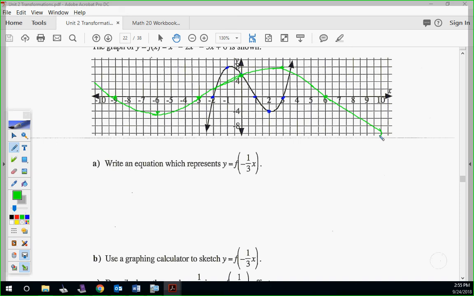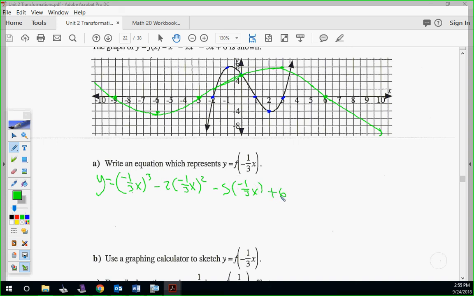Okay. So we write the equation. If we want to write this equation, which we haven't done yet, sorry. The equation would be, we have to put in the negative 1/3 x cubed, and then we have the minus 2 times negative 1/3 x squared minus 5 times negative 1/3 x plus 6.